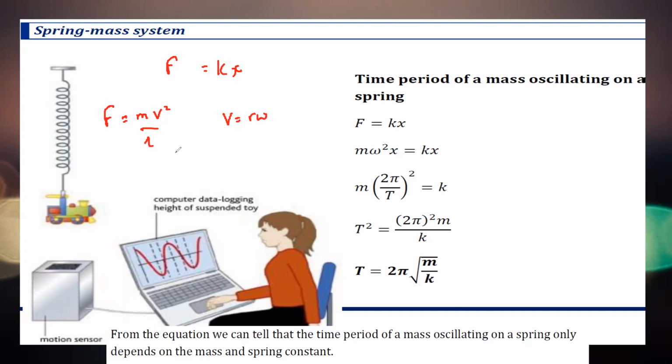So in place of v, we can write r omega. So we can say F is equal to m r square omega square divided by r. So when we simplify, we can say F is equal to m r omega square.